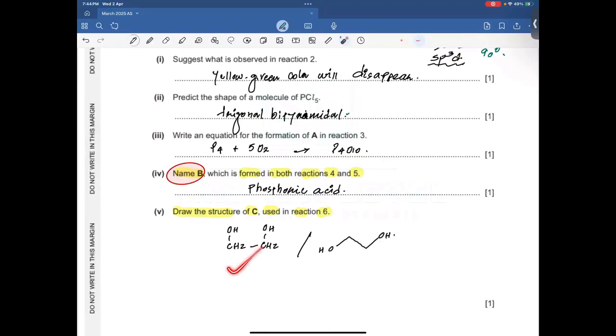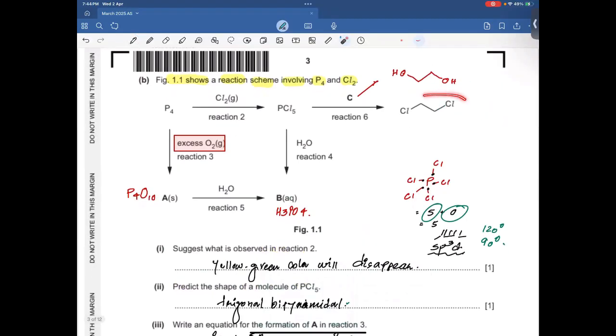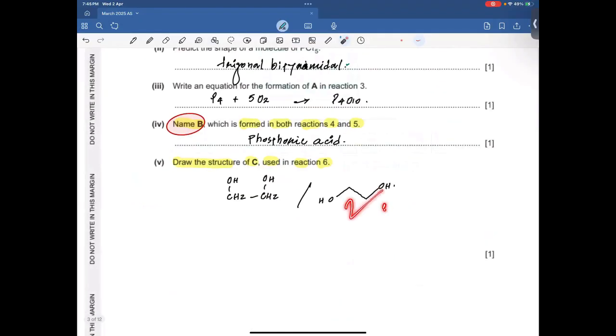Either you can write it in this way or in the skeletal way, it's totally up to you. But since the examiner has given the skeletal structure here, my recommendation is that you write this structure instead of this. All right. I believe both will be acceptable, but since we don't have any marking scheme, as per the nature of the question, I can give my answer. All right.